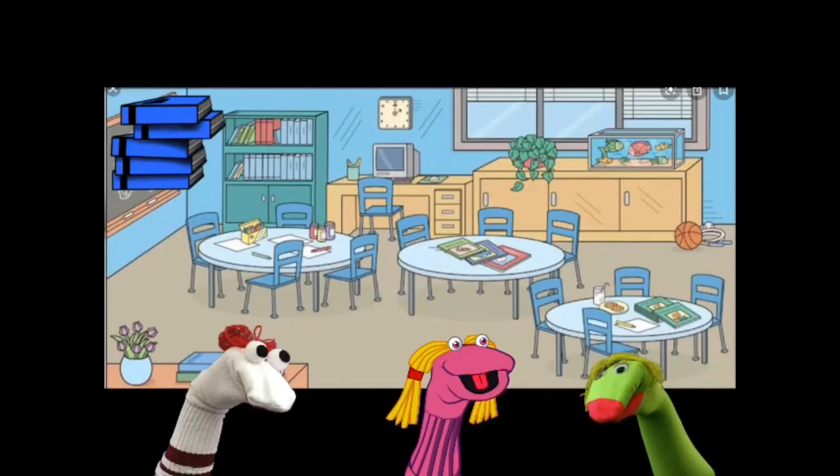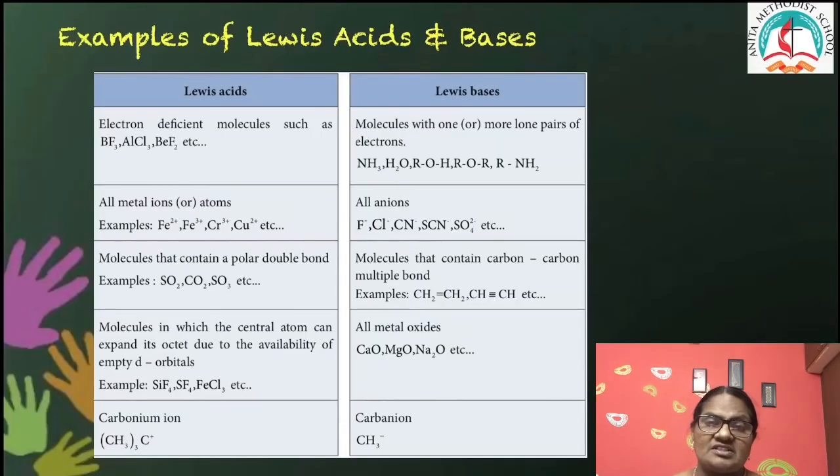I will explain Lowry-Bronsted. According to Lowry-Bronsted theory, an acid donates a proton and a base accepts a proton. Good. And according to Lewis concept, an acid accepts an electron pair and a base is a substance that donates an electron pair.